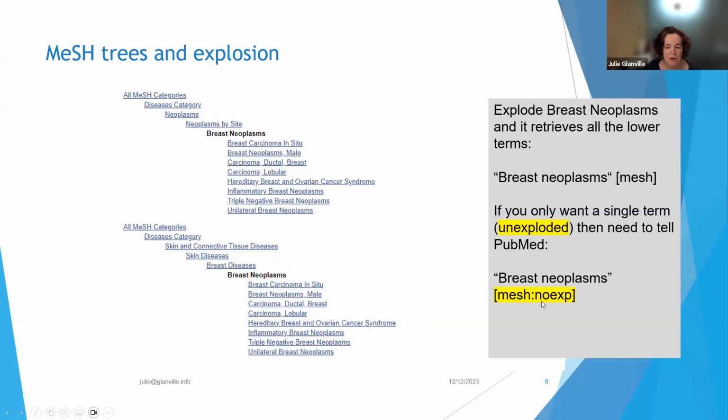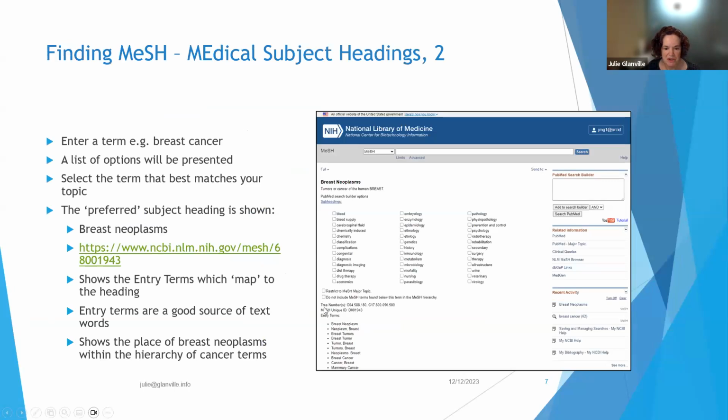And you do this by using this command, MeSH:noexp. So you literally have to turn off explosion if you don't want it. Otherwise, headings will always be exploded. And the way you turn it off in the MeSH browser is to tick this box here, which says do not include MeSH terms found below this term in the MeSH hierarchy.